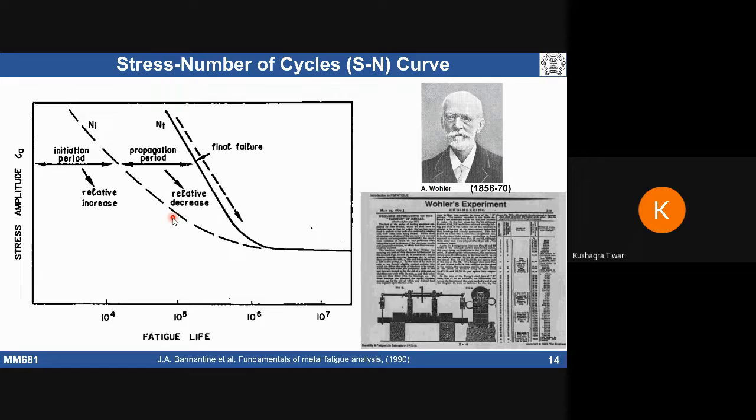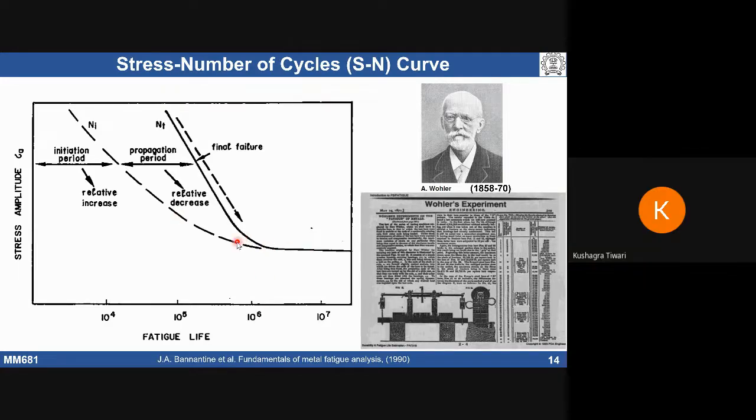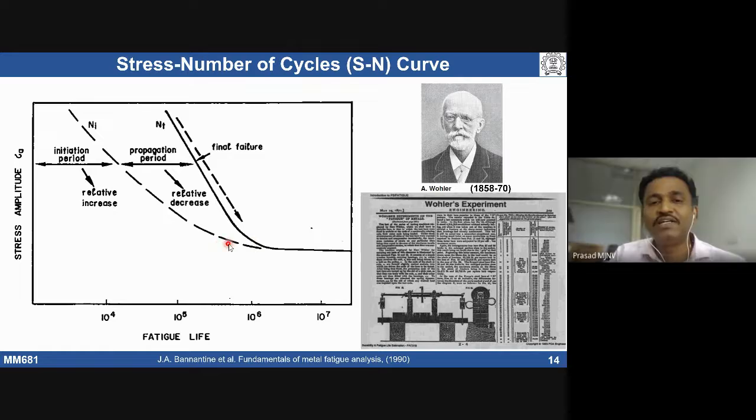So when the stress amplitude decreases and comes close to the fatigue limit where the line is horizontal, the crack initiates, and the material fails without much propagation time. Usually, the material can fail very quickly at low stress amplitudes. The propagation is very fast. Once the crack reaches a significant length, it can propagate quickly.